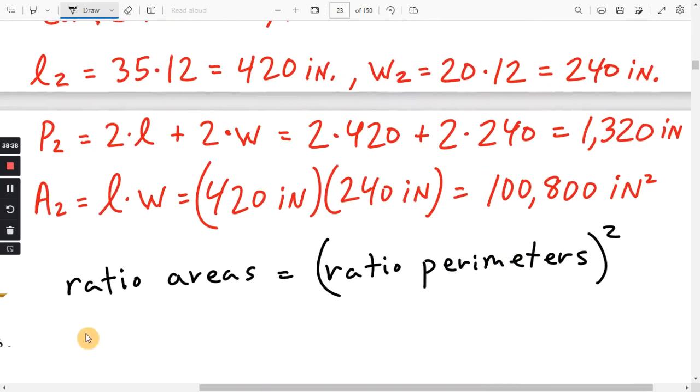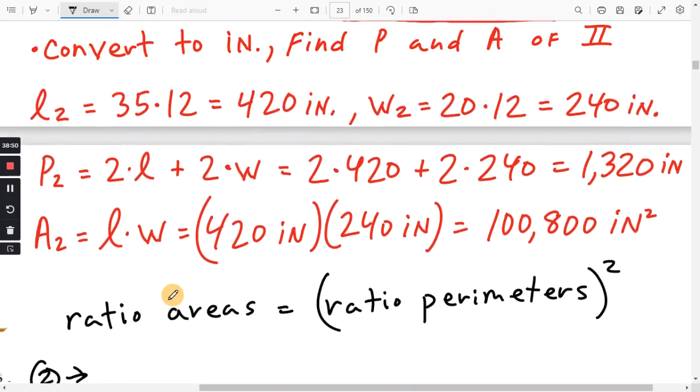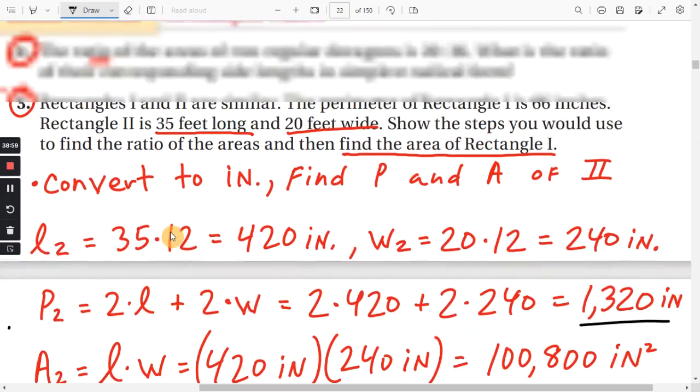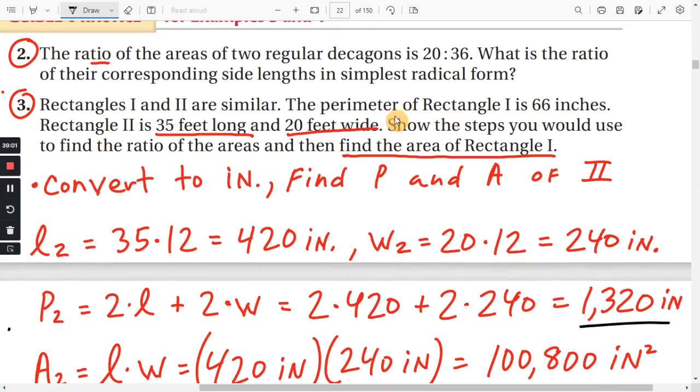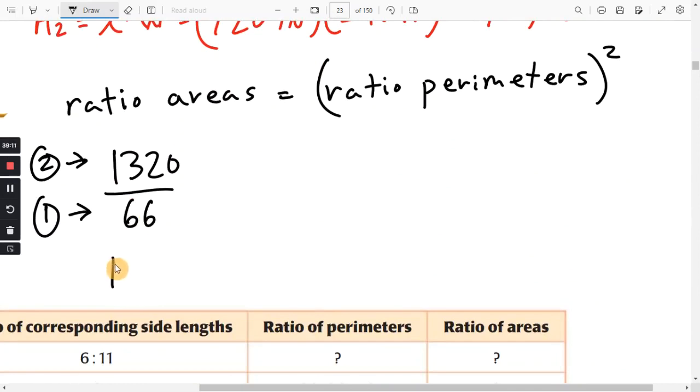We'll do rectangle 2 in the numerator, and we'll do rectangle 1 in the denominator. All right. So for the perimeters, that is 1320 for rectangle 2. And for rectangle 1, the perimeter of rectangle 1 is 66. Okay, so that's for the perimeter.